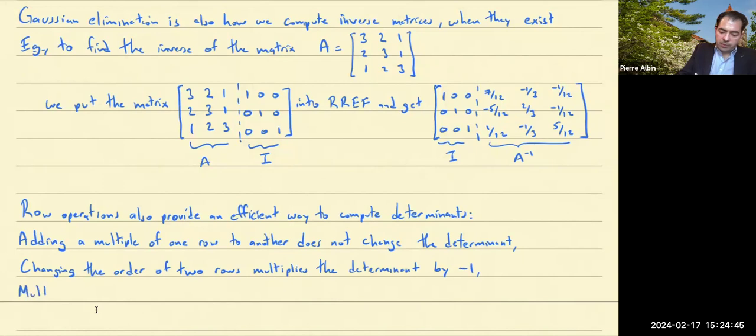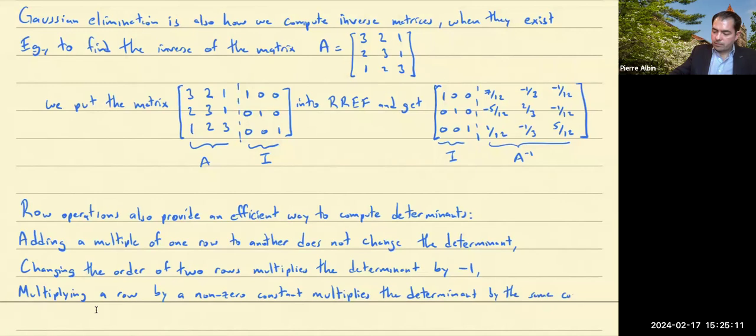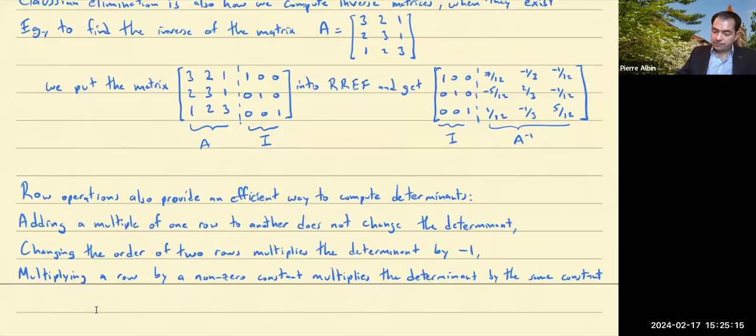And finally, multiplying a row by a non-zero constant multiplies the determinant by the same constant.